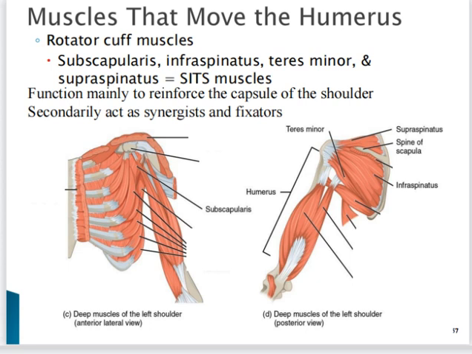The short head of the biceps attaches at the coracoid process of the scapula. The relative attachment points of the long and short heads of the biceps help to stabilize the shoulder joint when completing a flexing movement of the elbow.